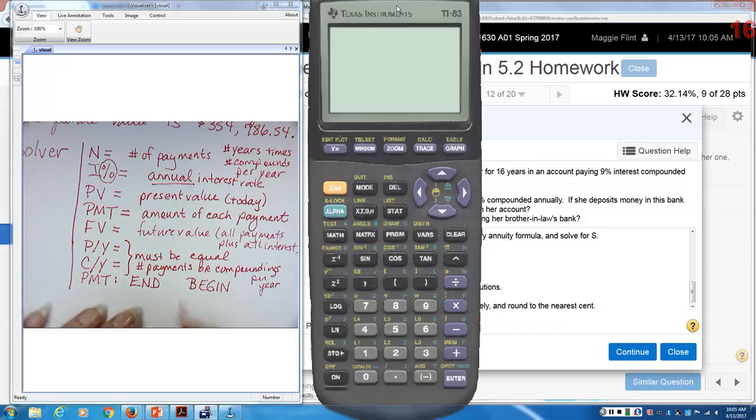And then deciding between what is called an annuity due and an ordinary annuity. In an ordinary annuity, the payments are made at the end. If it says the word annuity due, you change that to beginning.